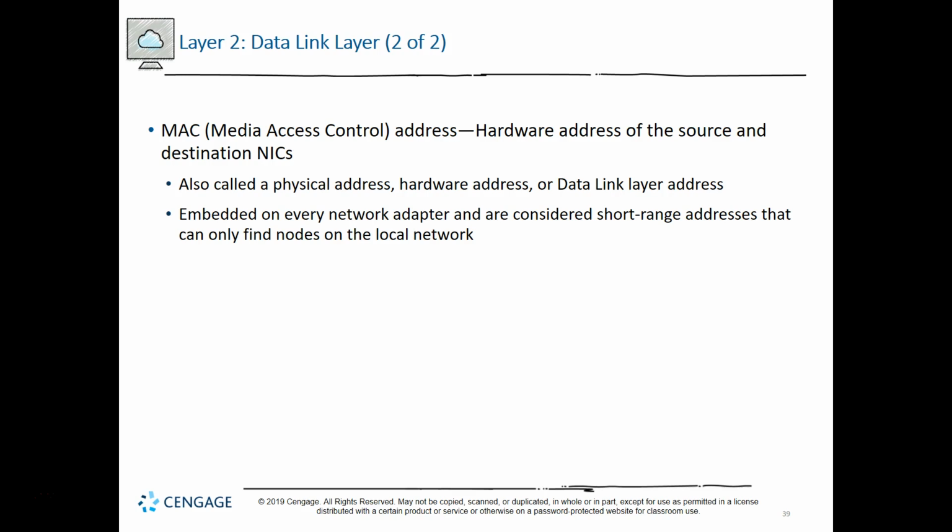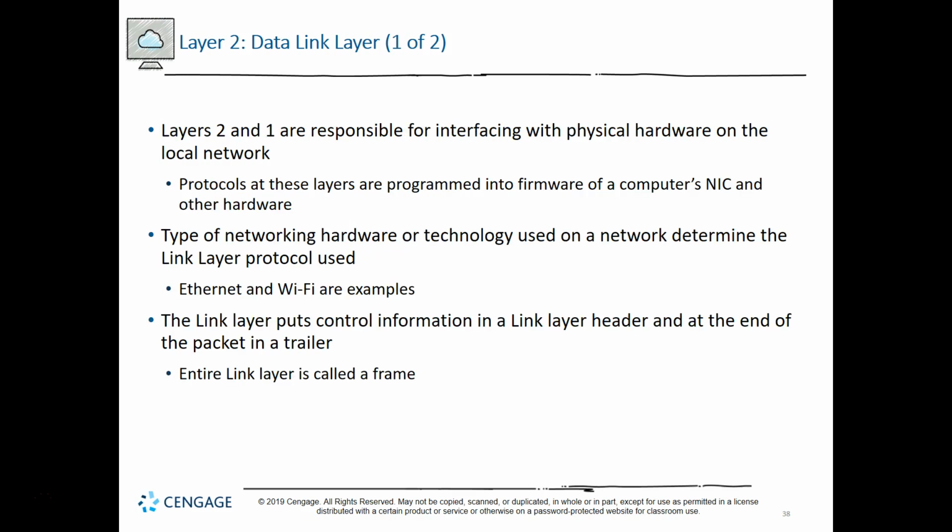Data link layer, this is going to be a little weird because I got to go back and forth here. So the data link layer adds something called some frame overhead to that zeros and ones. So weirdly, layer 1 and 2 are both responsible for that physical hardware. So the data link layer says, okay, I'm going to add a piece of information I have and send it with this data that's being sent out on the wire.